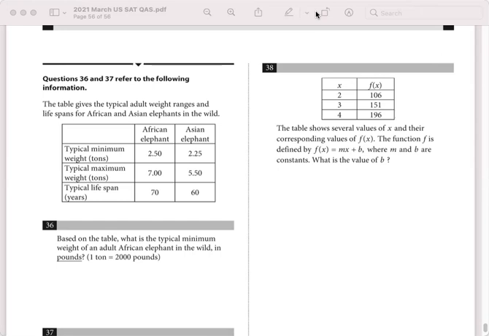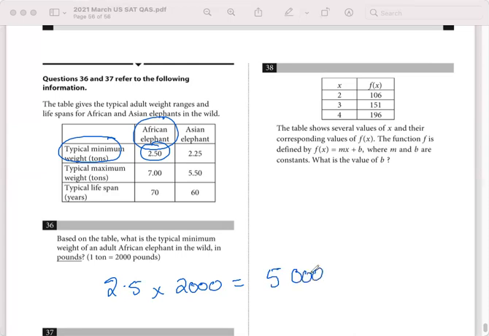So I'm looking at the African elephant, and the typical minimum weight in pounds. 1 ton is 2000 pounds. So 2.5 tons will be 2.5 into 2000, which is 5000. So the typical minimum weight of an adult African elephant is 5000 pounds.